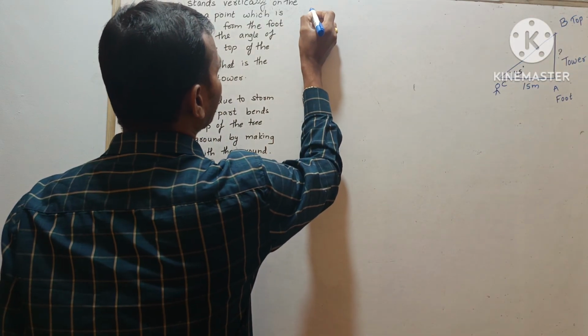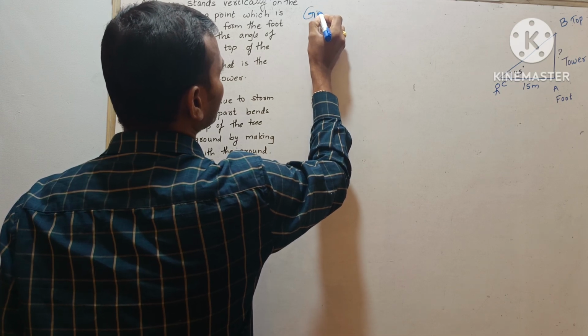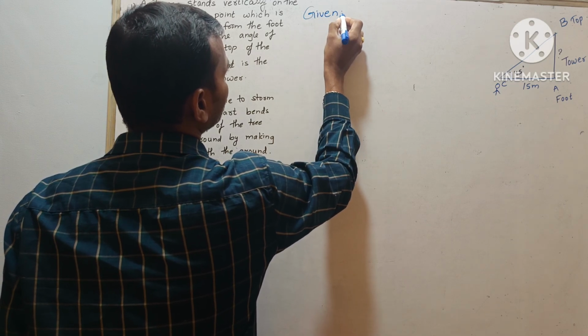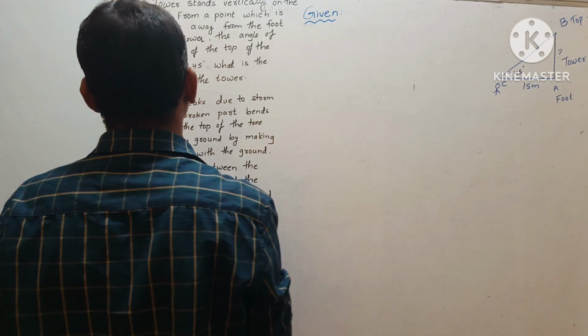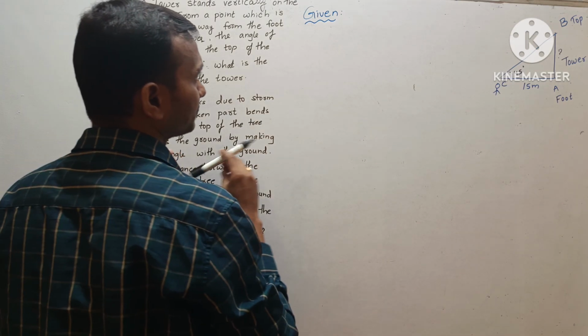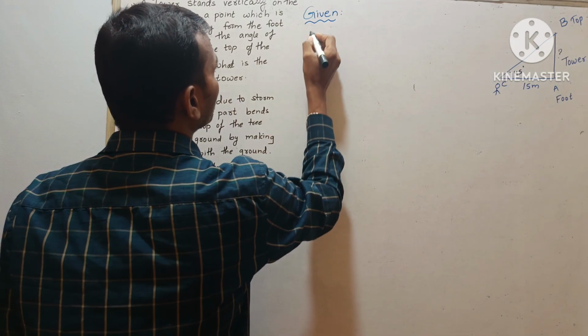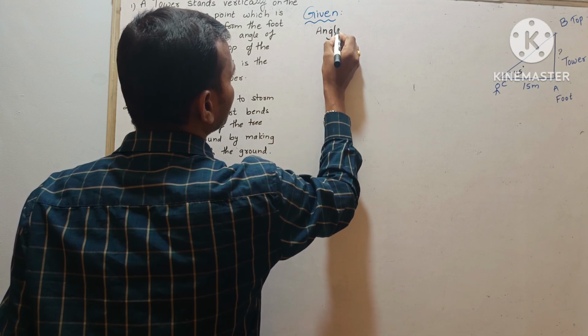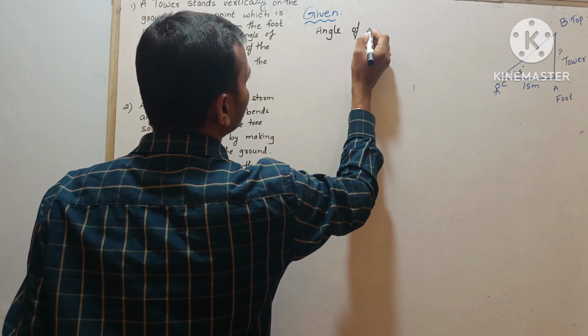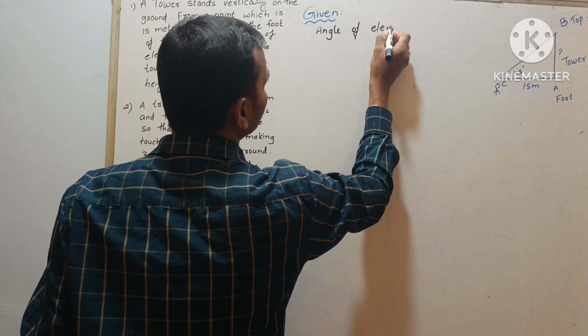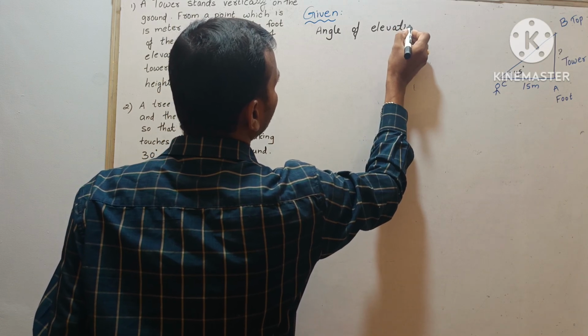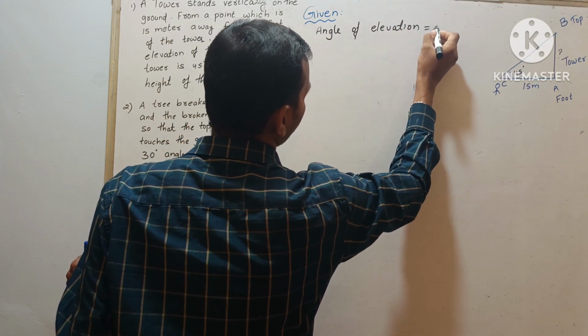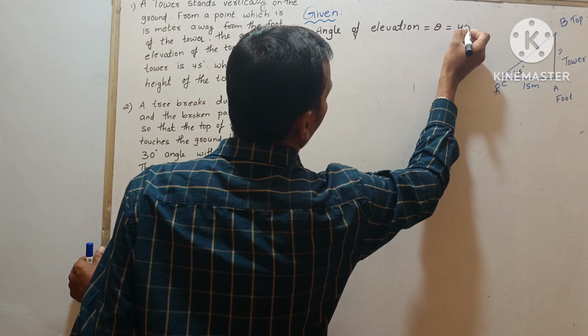First, we write the given statement. What was given? Given: the angle of elevation, that is theta, is equal to 45 degrees.